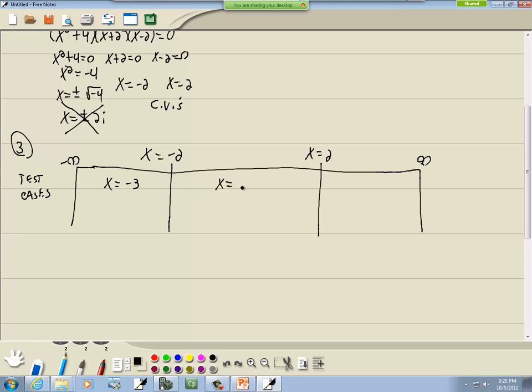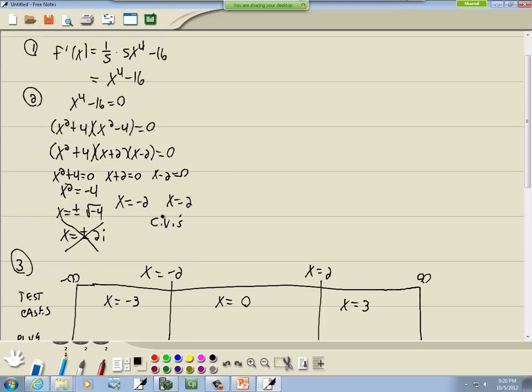I want to choose a value between negative 2 and 2, like 0. And then a value between 2 and positive infinity, like, oops, not 1, 3. Okay, then we want to plug them into our derivative. So plug into, I'm assuming it's f prime, instead of y versus y prime. And let's see what we have.